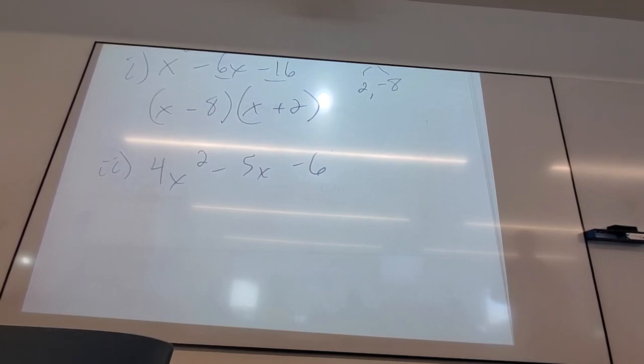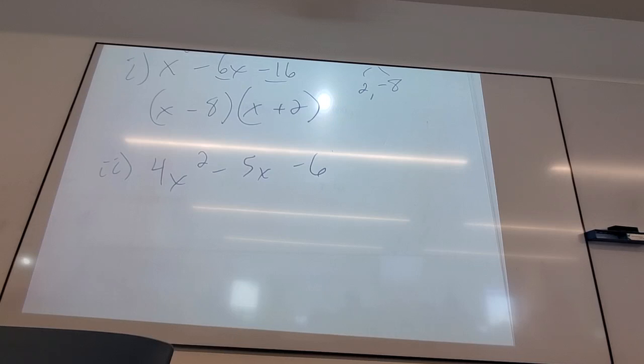In Calc 2, would completing the square be needed? Well, there's a couple situations, yes. In Calc 2, there are some integrals where, to put it in the right form, you might have to complete the square.